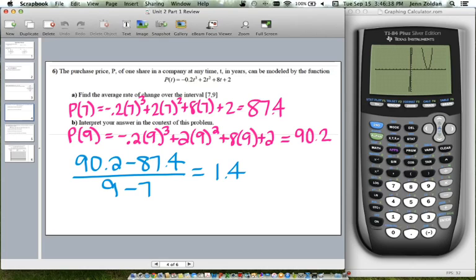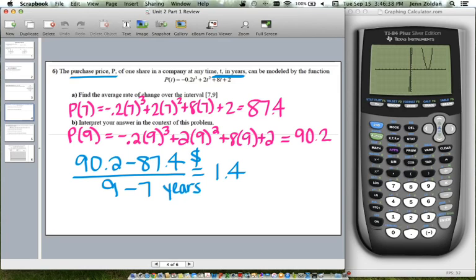Now, to be able to interpret your answer in the context of this problem, we need to understand our units for this. So it says the purchase price was P, so purchase price is in dollars, so that means in the numerator, what we evaluated, those were dollars, so dollars up here, and then the 9 to 7, or the 7 to 9, was the time in years, so down here is years.